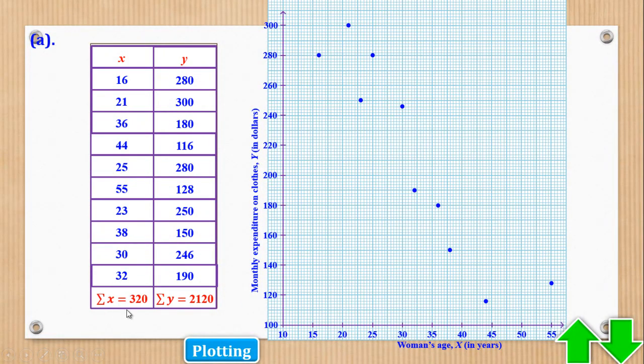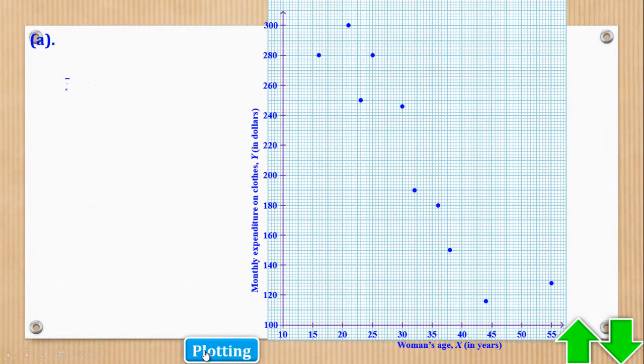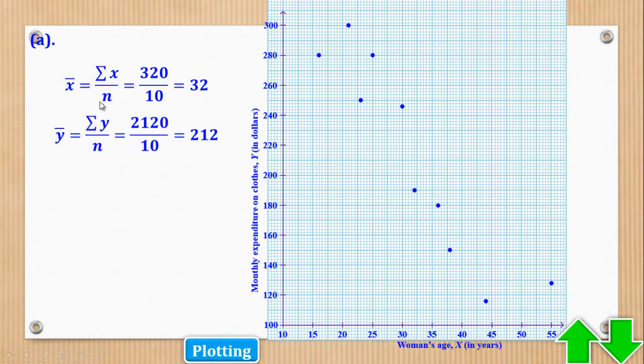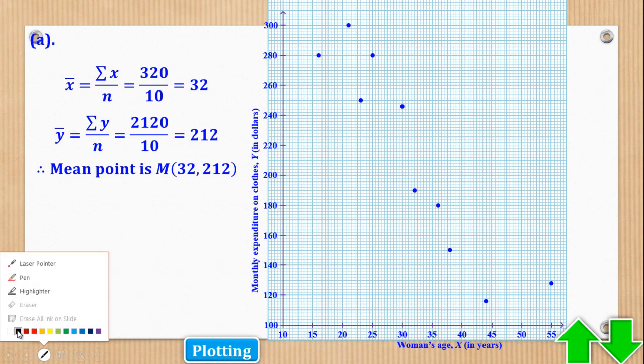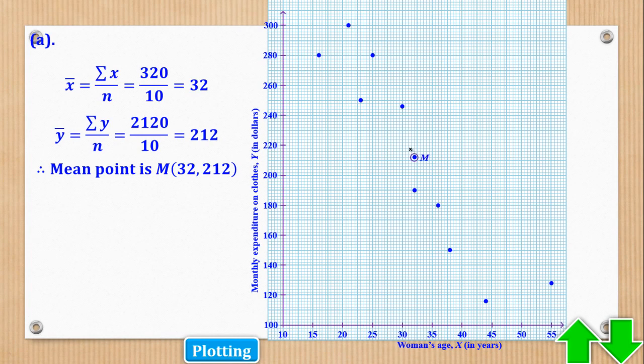So now that is the reason why we got these summations. So with those summations, we can get the mean point, x bar and y bar. Therefore, the mean point is 32, 212. So 32 corresponds to 212. Come and show it on the graph.